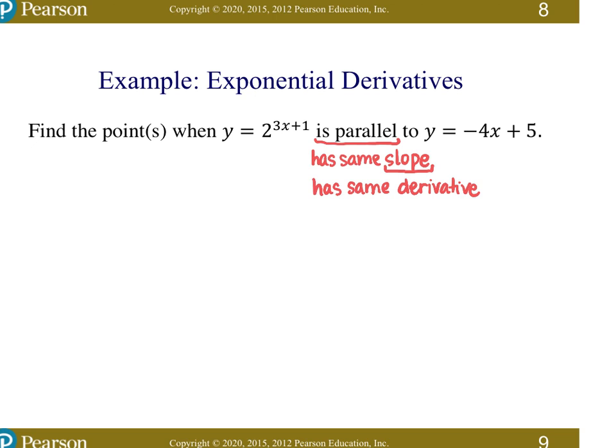So we need to find the two different derivatives. So let's start with y equals 2 to the 3x plus 1. What would its derivative be, y prime? Well, because x is in the exponent, we use itself times the derivative of 3 times the natural log of 2.